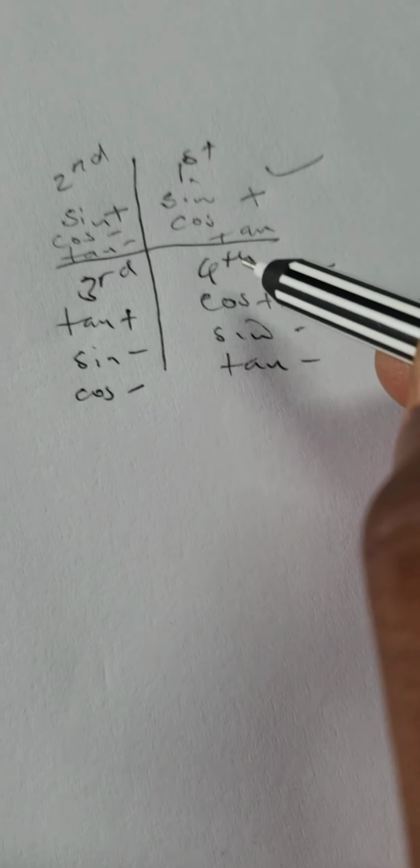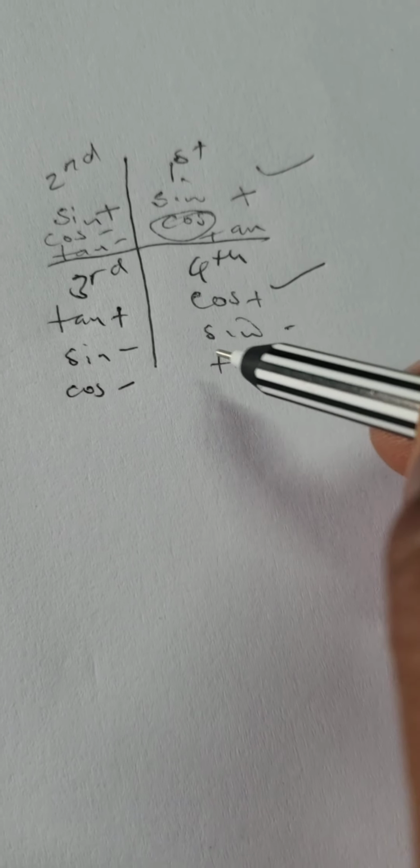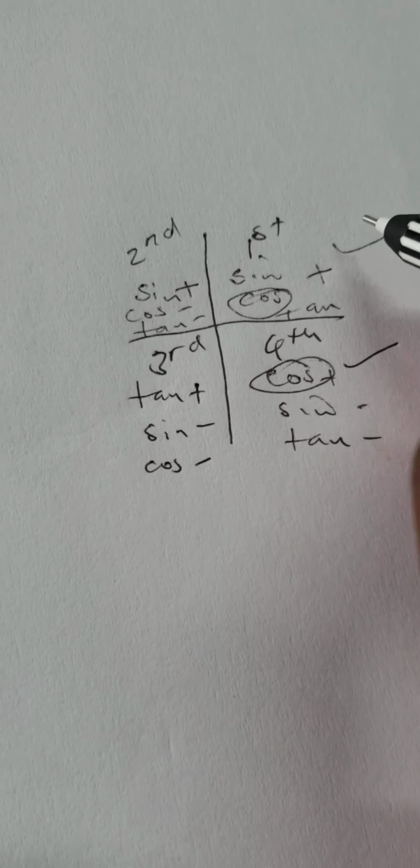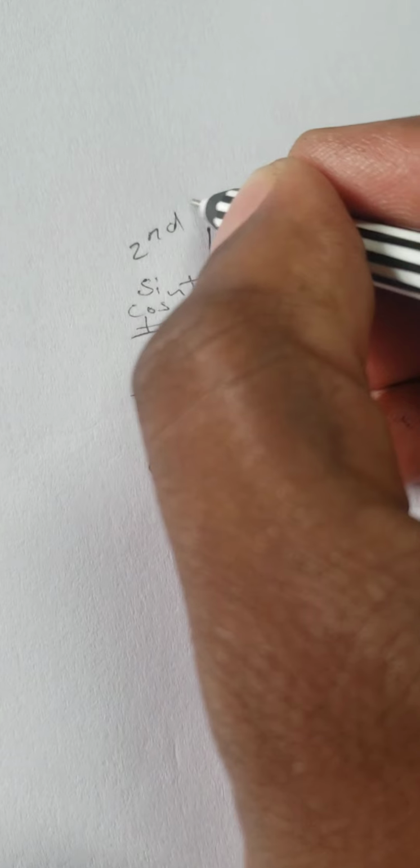So since our cos is positive, our answer lies in the first quadrant or the fourth quadrant. This is where cos is positive. So our answer should lie from 0 degrees to 90 degrees.